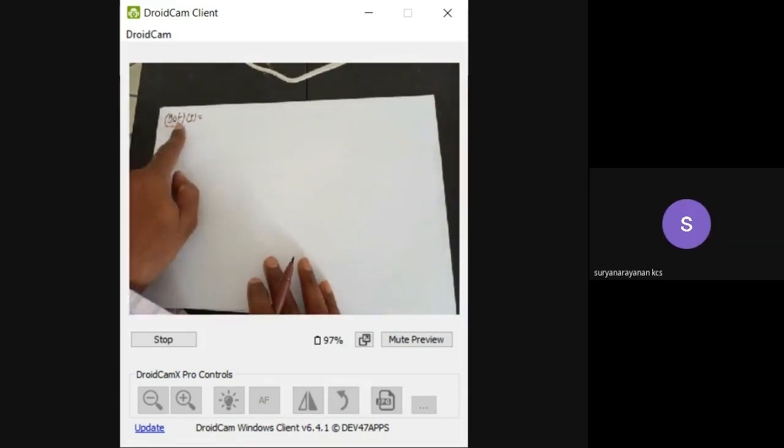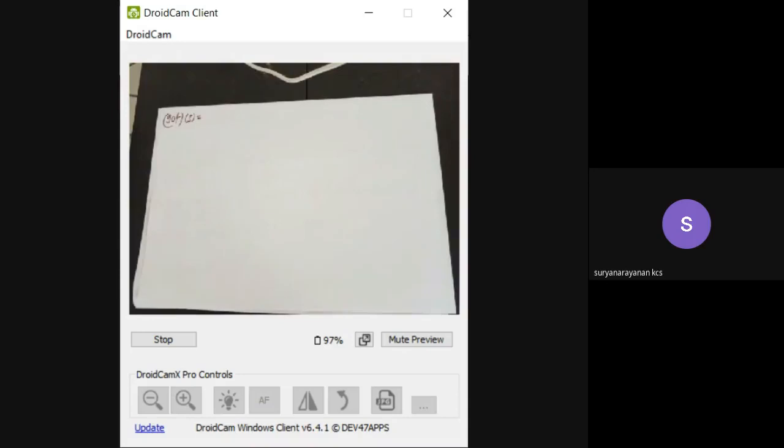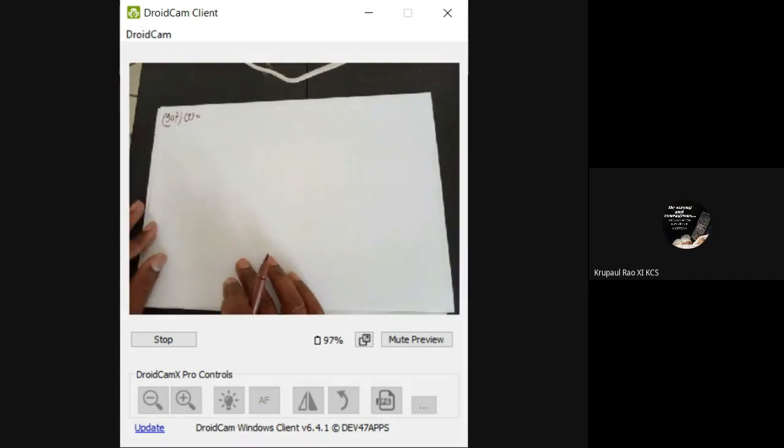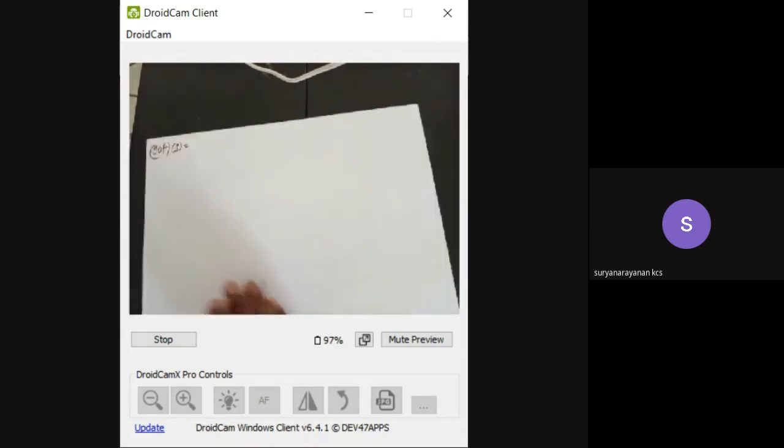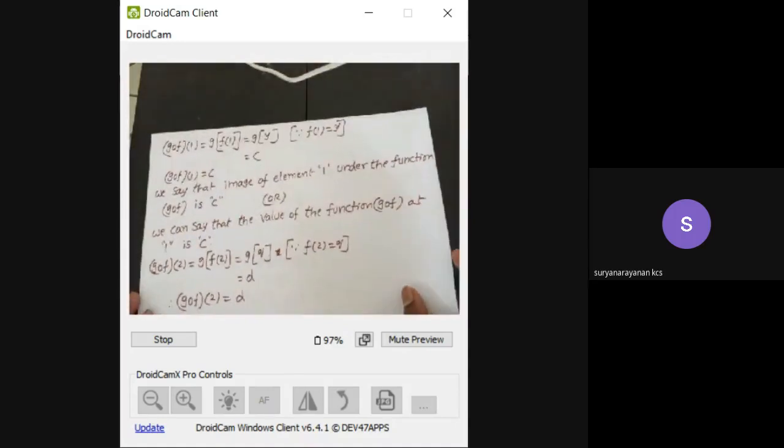Can you tell me G circle f of 3 value? Now I want G circle f of 3 value. Sir, can you show the previous one, sir? Yes, you want the previous one. See, this is the previous one.